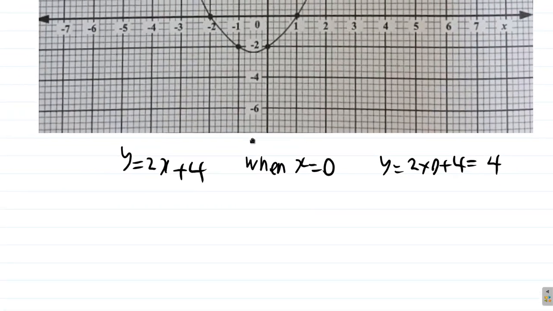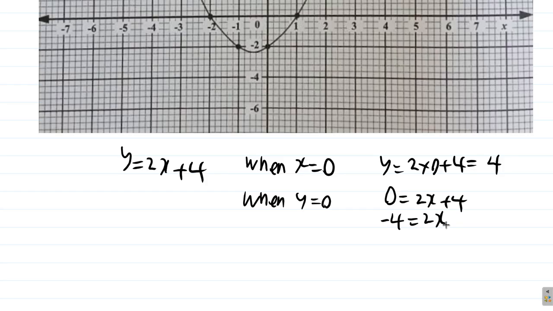Let's see another point. When y is 0, what is x? 0 is equal to 2x plus 4. If we subtract 4 from both sides, we get negative 4 is equal to 2x. Divide by 2.